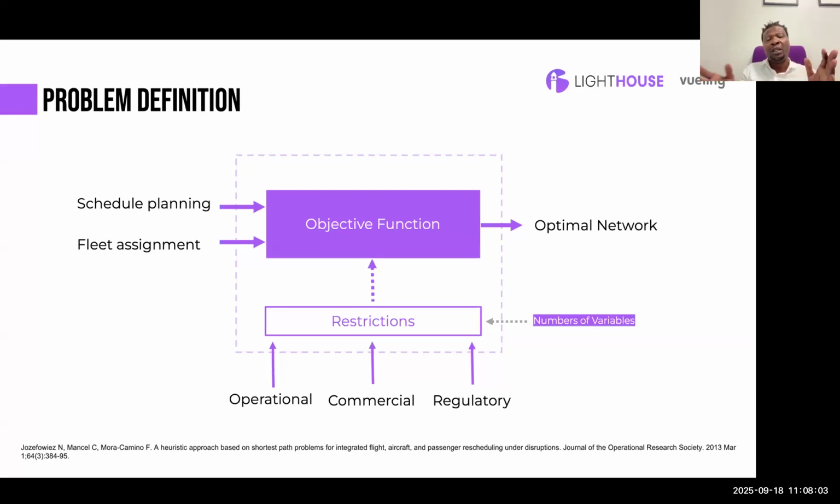We know that in quantum computing, the variables relate directly to the number of qubits. And in this quantum era, where we have few qubits, we need a strategy that helps us design a mathematical objective function but also allows us to reduce the number of variables.